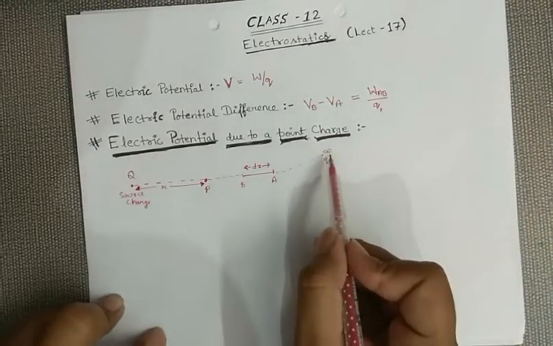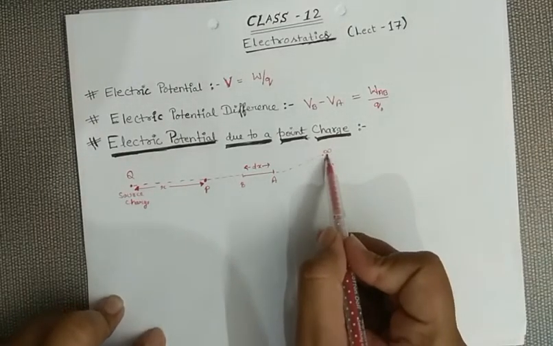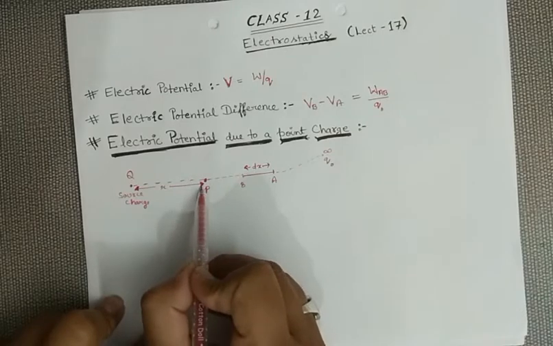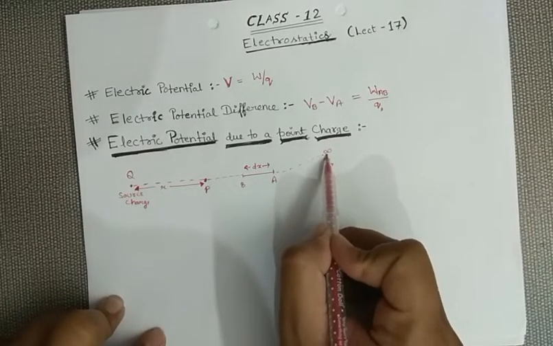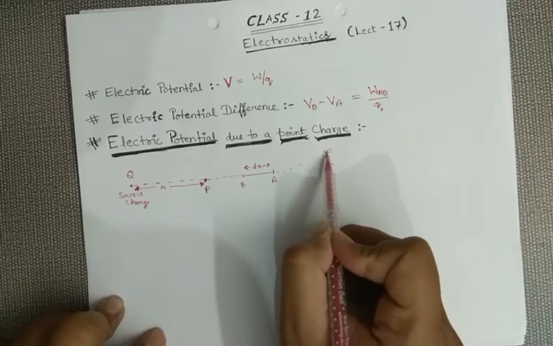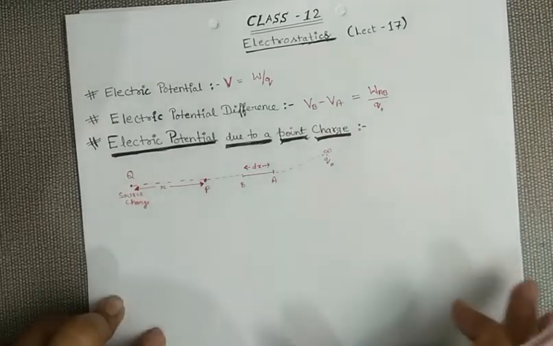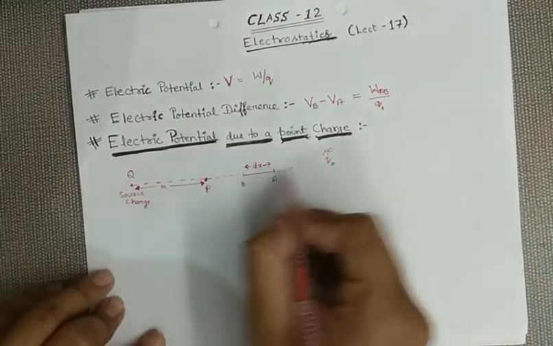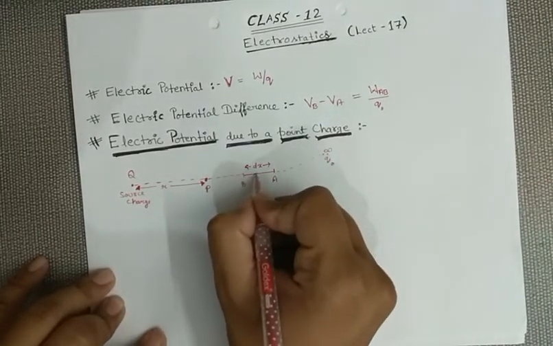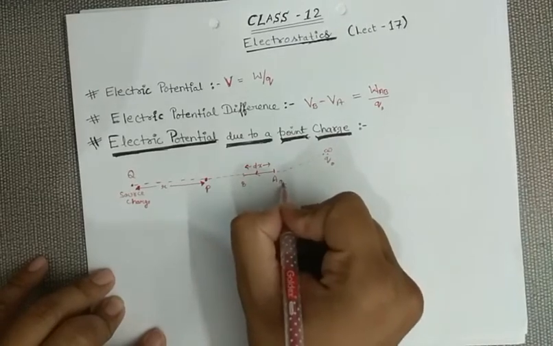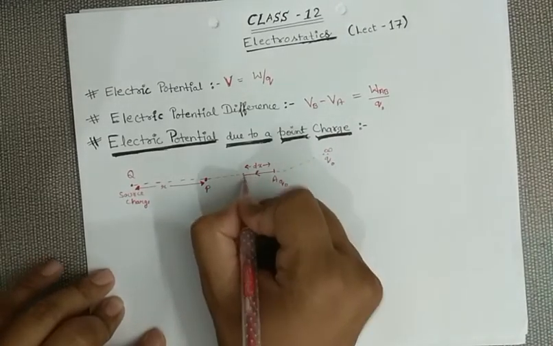I have to bring this charge from infinity to this point P, and see what the work done will be. Now we cannot calculate the distance from infinity to P, so we take a small part dx. So we will move this charge Q naught from A to B.